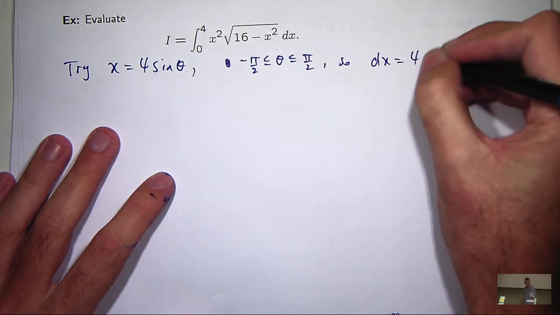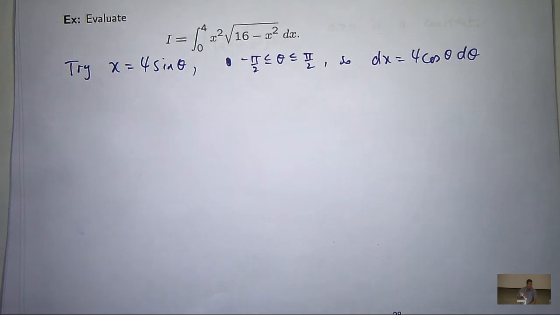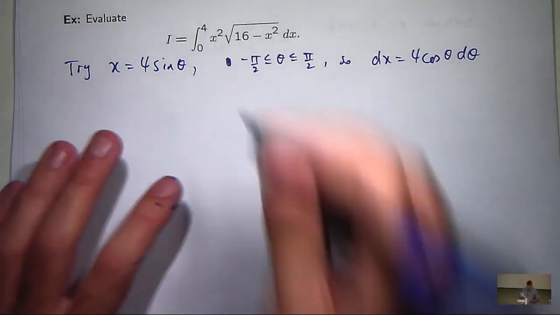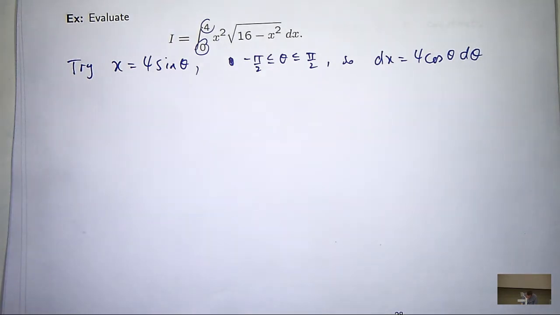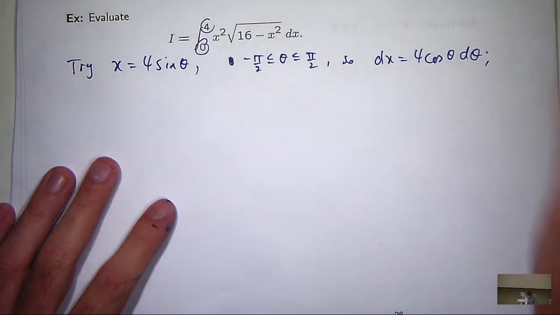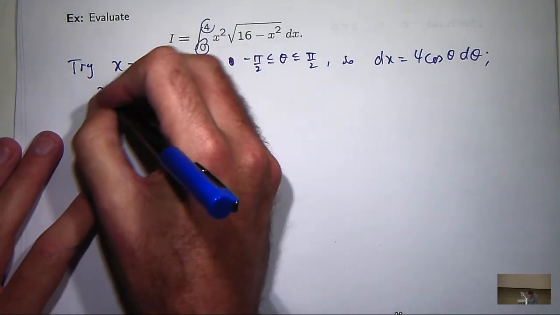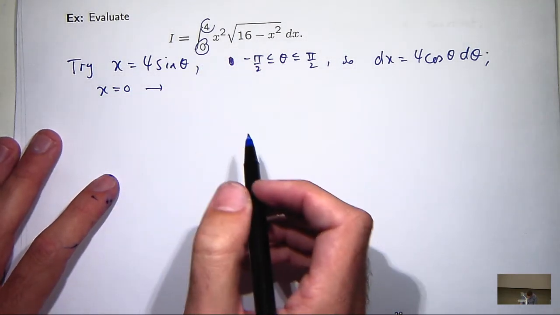So the dx is going to be 4 cos theta d theta. Because this is a definite integral, I'm going to change the limits of integration as well. If x equals 0, what's theta going to be?